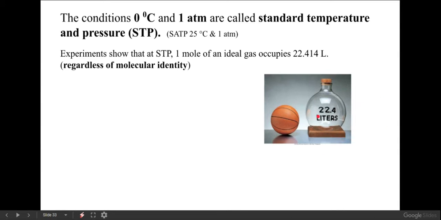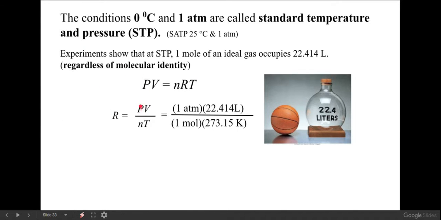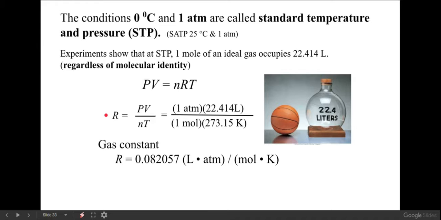So this is always true. Now if we go back to this gas law and punch in 1 atmosphere, 22.4 liters, divided by 1 mole, divided by standard temp, which is 273 Kelvin, then we get an R of 0.082057.